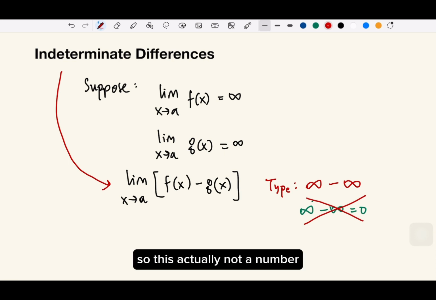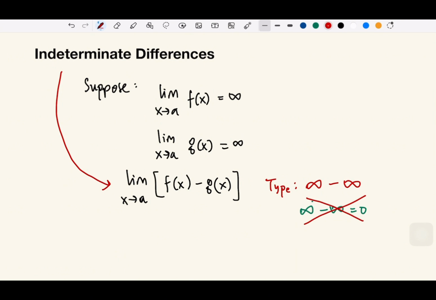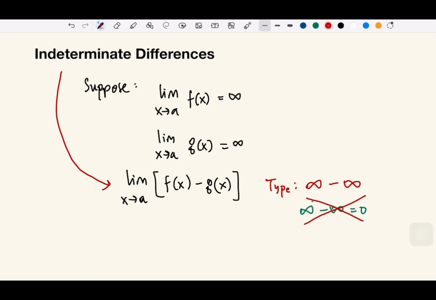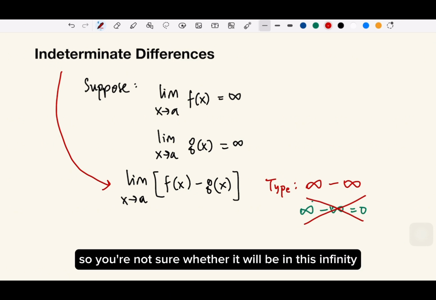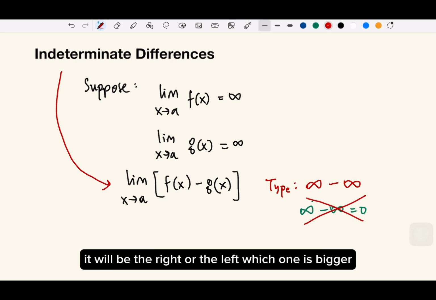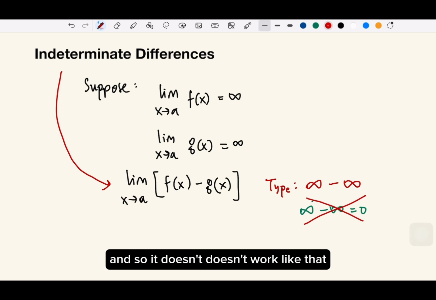Infinity is abstract. It's a concept. So that's why it's not happening. We are not sure whether it will be infinity or maybe negative infinity, right? It depends on which one is bigger. So it doesn't work like that. So never do this.